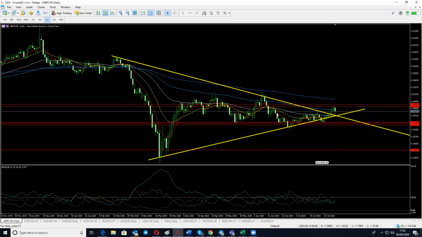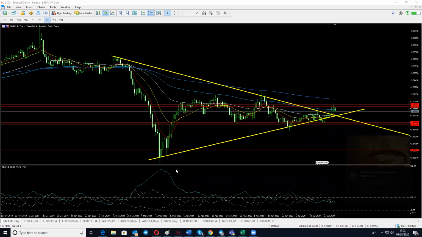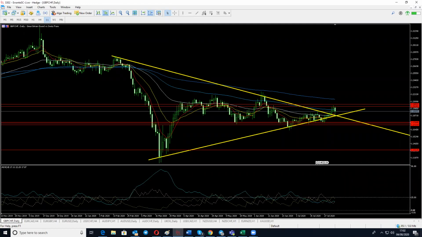Then we can see, okay, we want to look into the selling side for the GBP CHF, because we want to know how bearish it is as well, because at this moment of time all the GBP crosses appear to be quite bearish and is the most bearish against the AUD, you see.